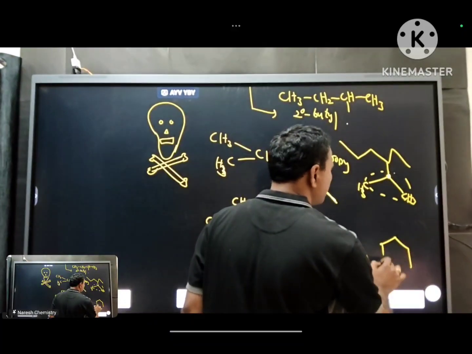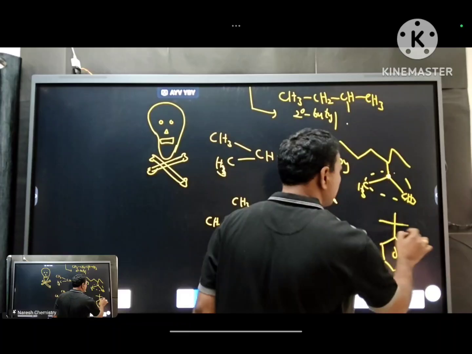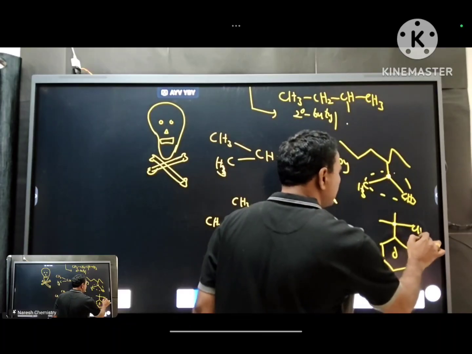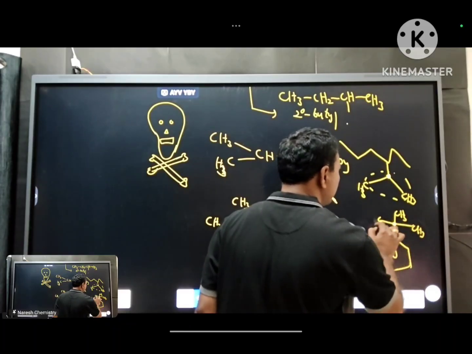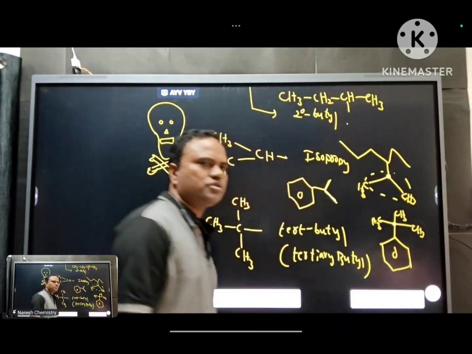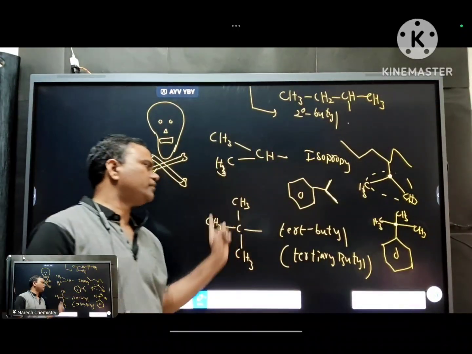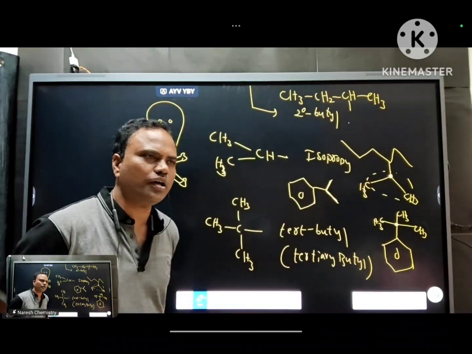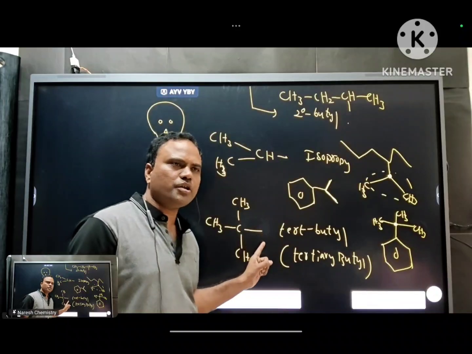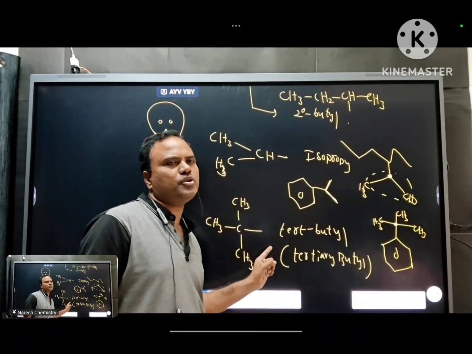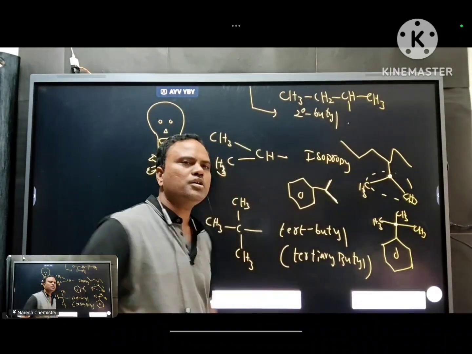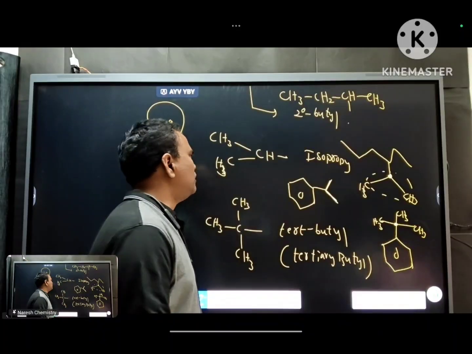Tertiary butyl benzene. Look at this. This carbon is surrounded by three methyl groups, so tertiary butyl group. One carbon with three methyls is tertiary butyl. If you put chlorine here, tertiary butyl chloride. If you put OH here, tertiary butyl alcohol.